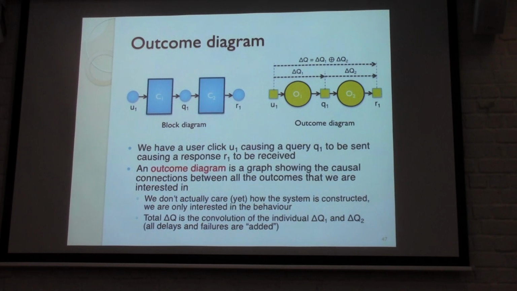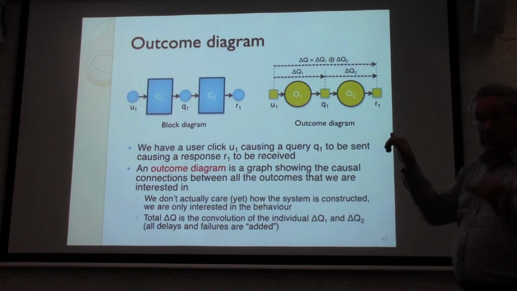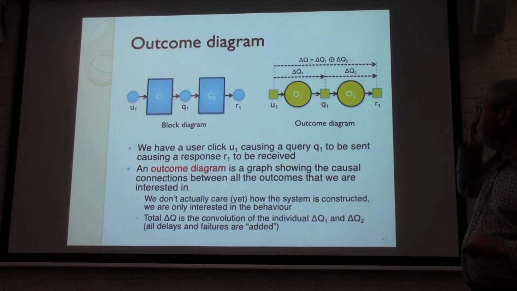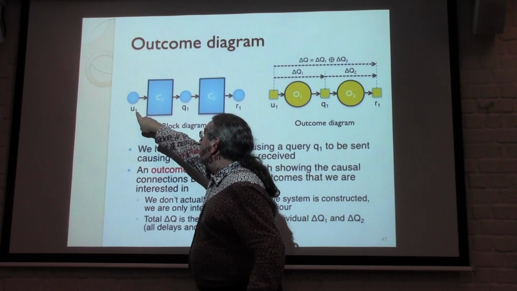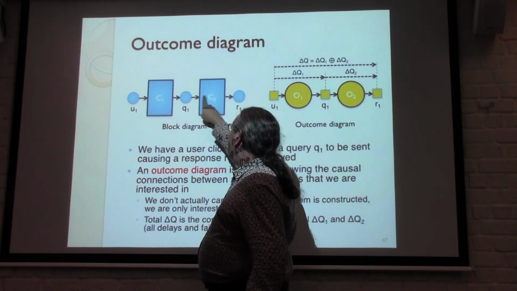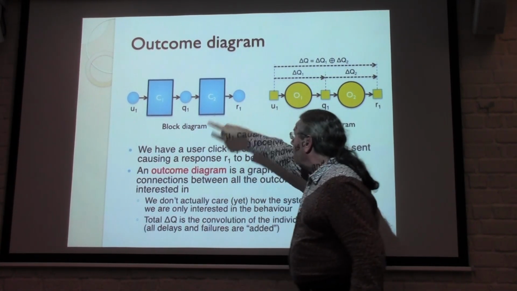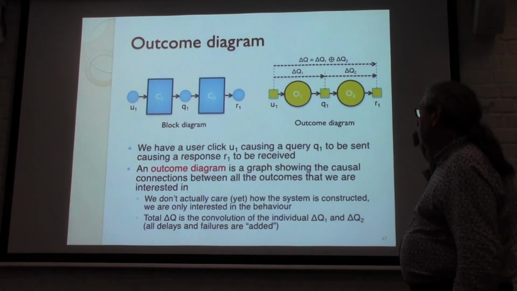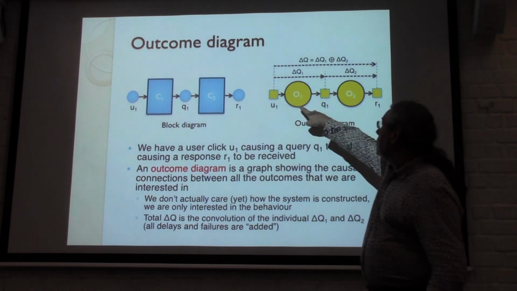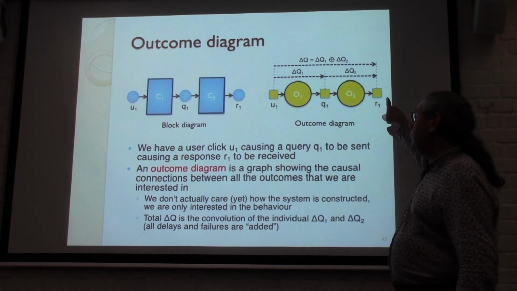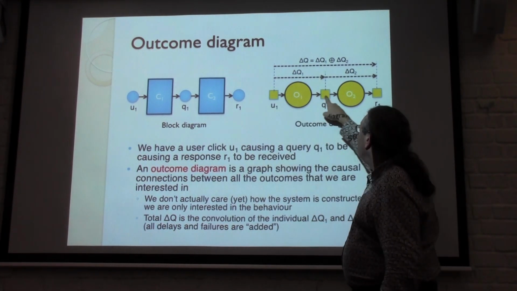These two are always connected using some quality attenuation delta Q thing. Okay? And we can connect more of them. So this is a simple example where I'm connecting two components. I give an input, a user click, I send a query here, and the response comes here. So I have two components: user click, query, response. This outcome diagram will have two outcomes, and there's a causal connection.